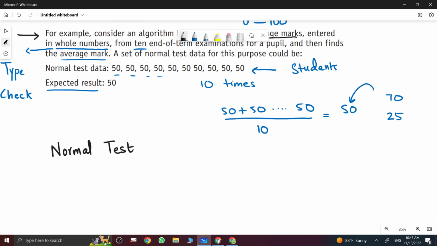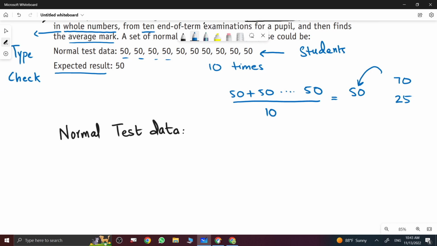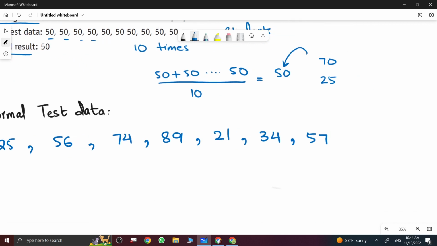Let's take a more realistic example. Let's suppose there is a student who has taken different percentages in different exams, like 25%, then 56%, then 74%, then 89%, then 21%, then 34%, then 57%. That's seven.